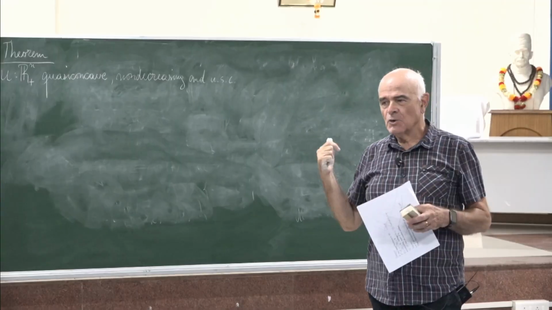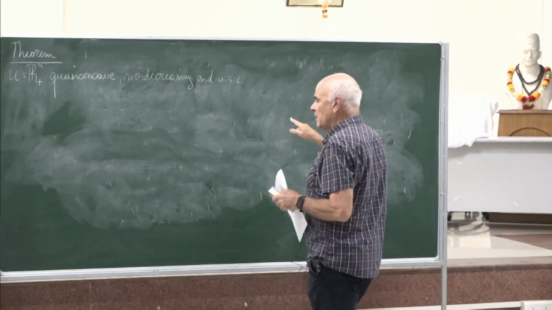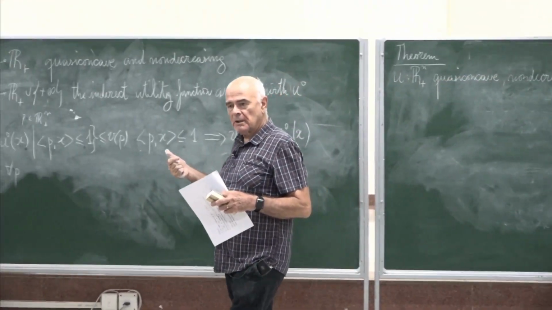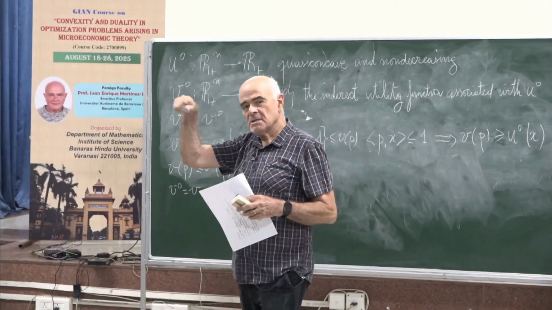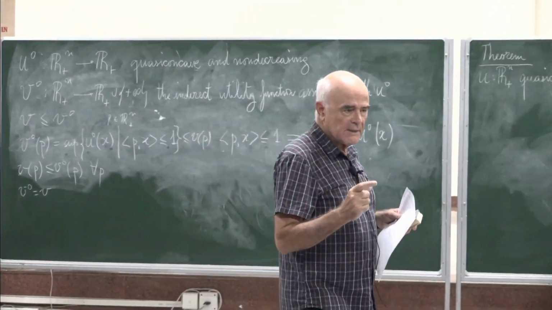This is not good, this is too good, because I could relax upper semi-continuity by writing even quasi-concavity plus a limit condition. Okay, but I want to avoid these technicalities.